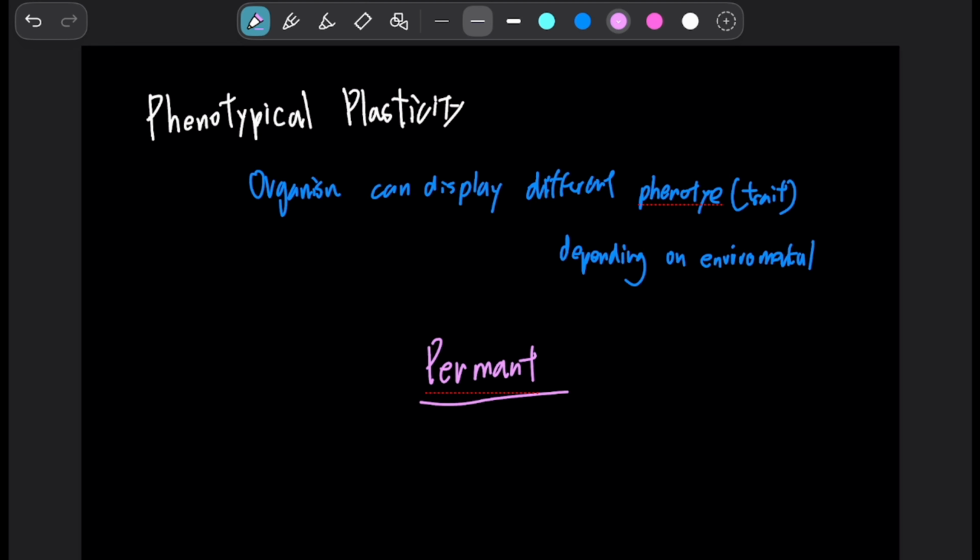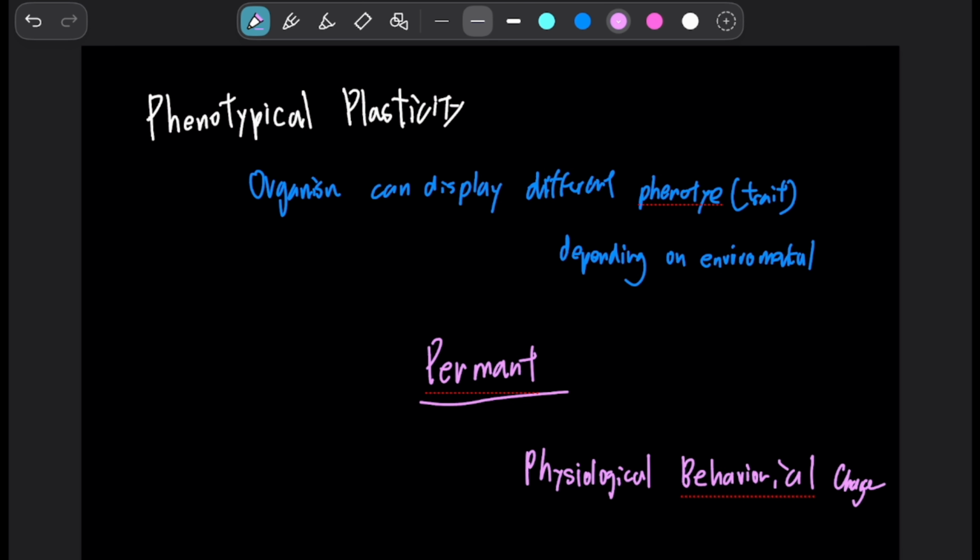Imagine you get a tattoo and you can't take it off. That's basically what happened. It also doesn't have to be something that you can see. It can be a physiological or behavioral change, right?